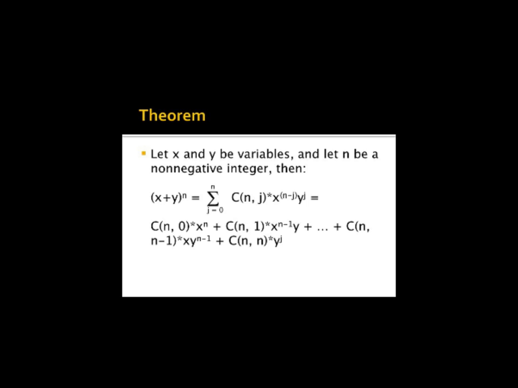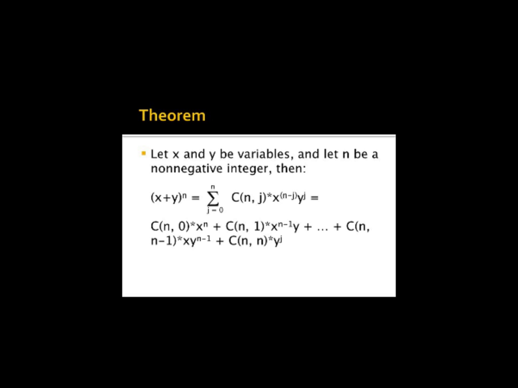So we're going to be talking about binomial theorem, and this theorem states that if we let x and y be variables and let n be a non-negative integer, then we can express the expansion of the binomial expression (x + y)^n as a summation of its terms, in which all of the terms have the coefficient of the combination n choose j.